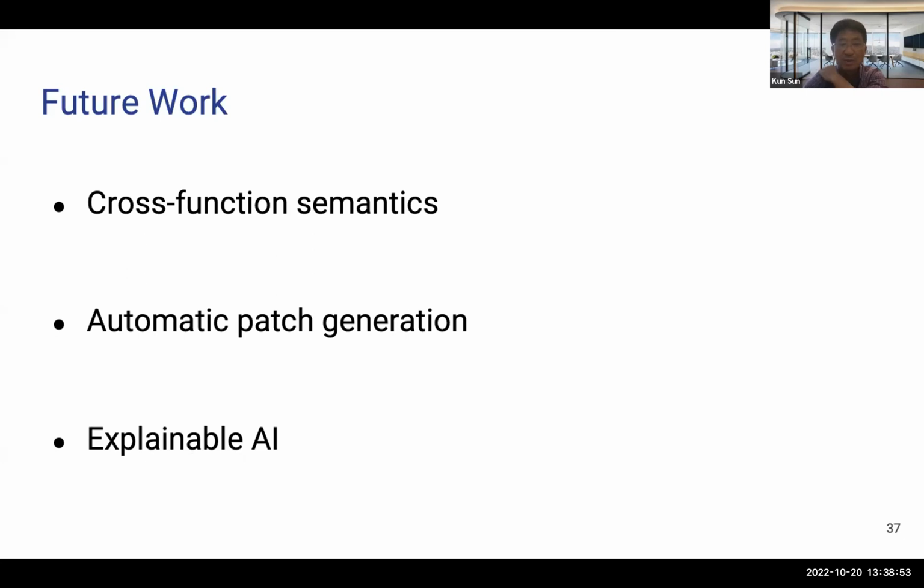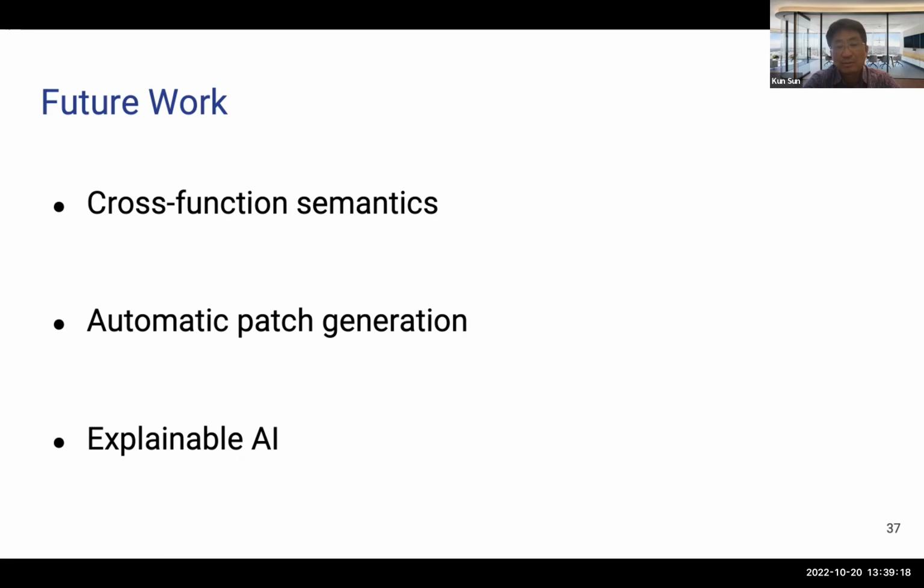Now we have this PatchDB data set. We not only have the vulnerable code, we also have the patched code. We know, for a given type of vulnerability, what their patch or fix looks like. Are there any patterns?